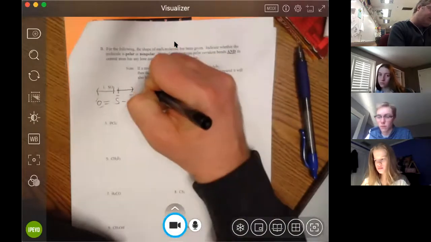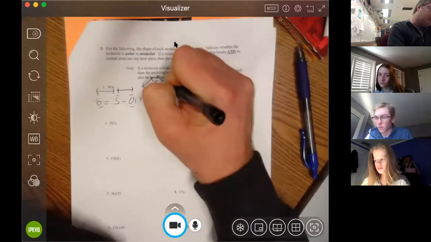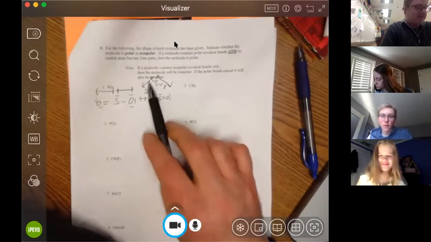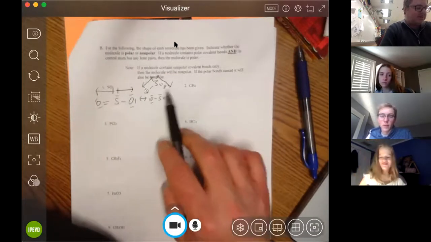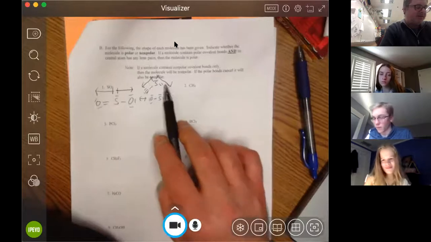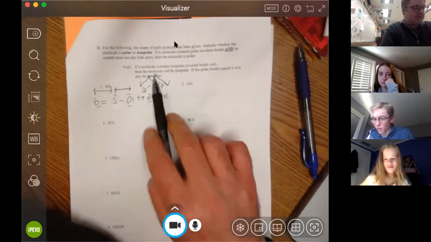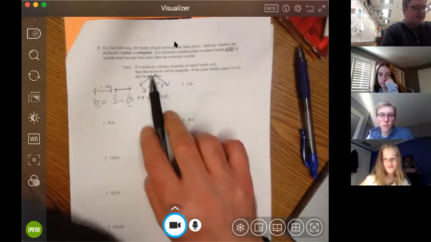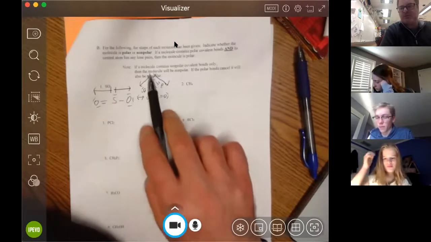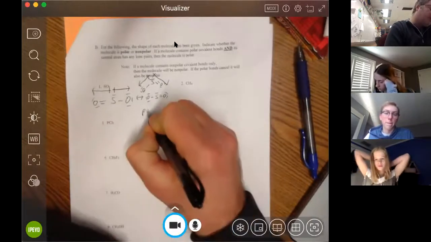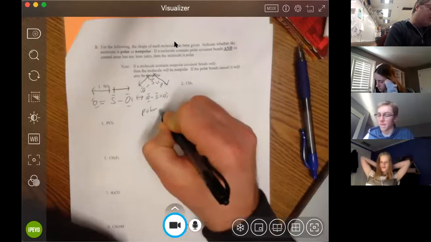But the fact that it is bent or angular, we can see better if we have it drawn like that, that these are not actually canceling each other out. While they may cancel out left and right, they don't cancel out the up and down. So this is pulling down and there's nothing pulling back up. So this would be not only polar bonds, but a polar molecule.